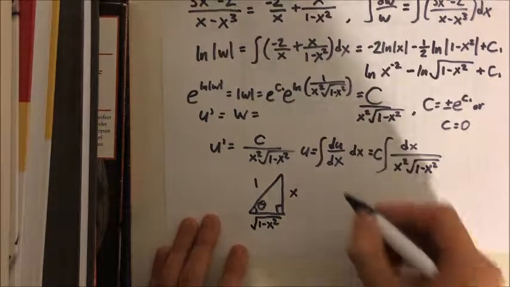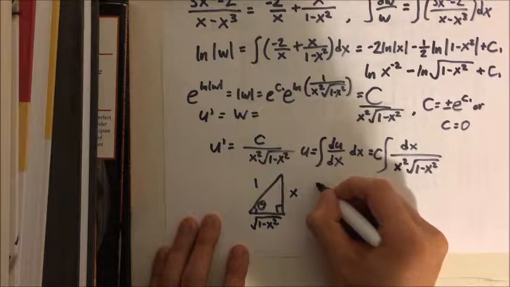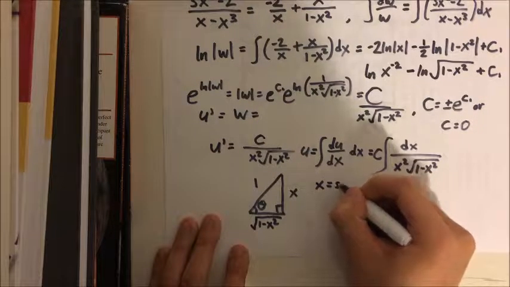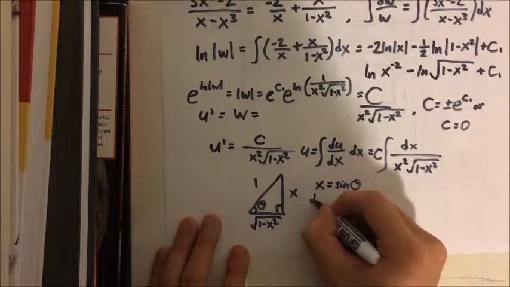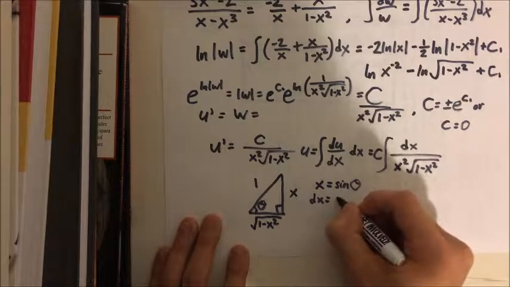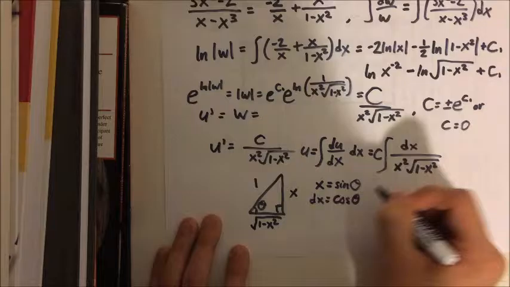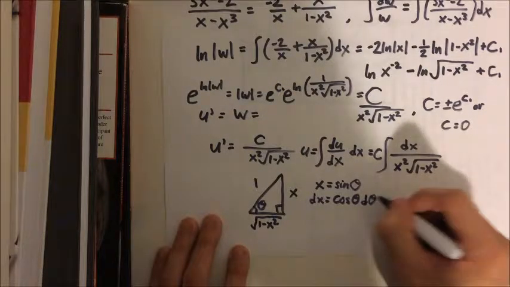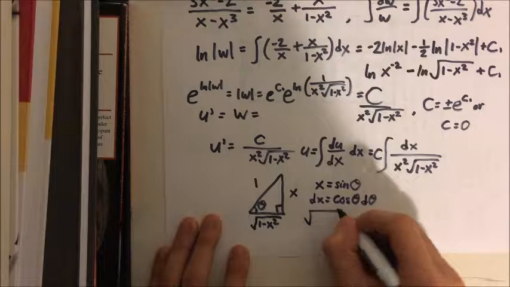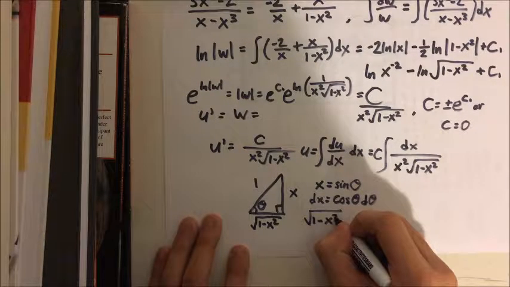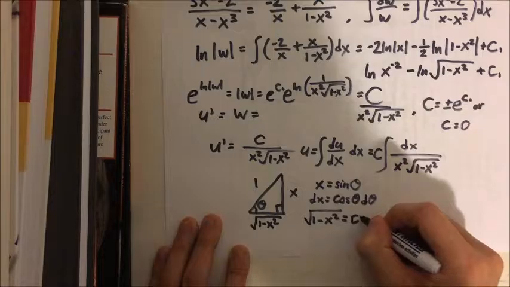So here, we notice that x is equal to sine of theta, meaning that dx is equal to cosine of theta d theta. And this gives us that the square root of 1 minus x squared is equal to cosine of theta.